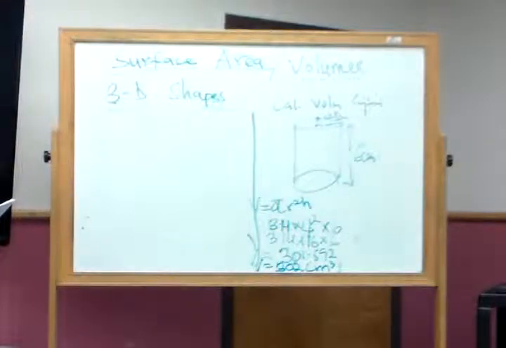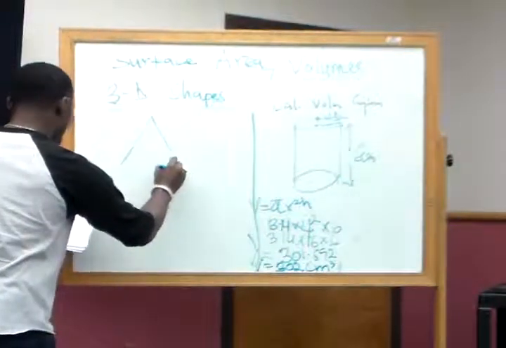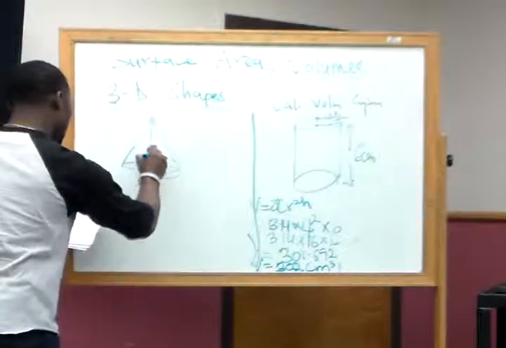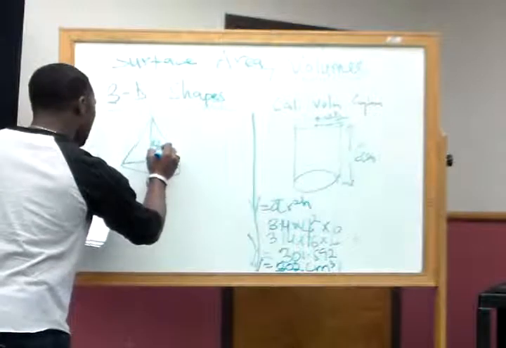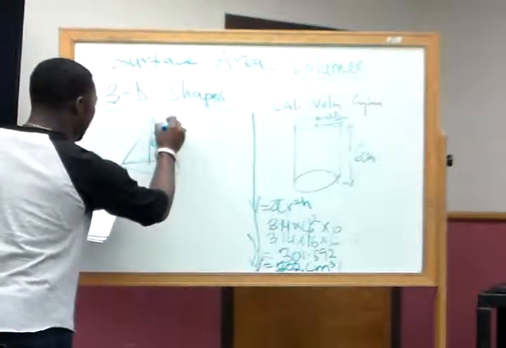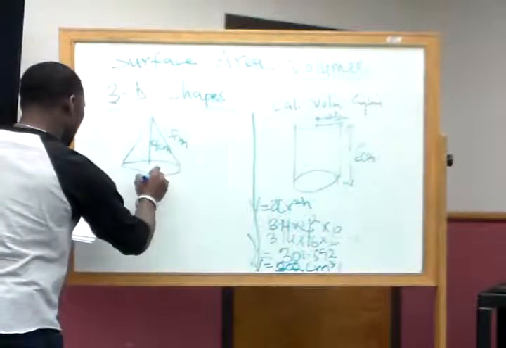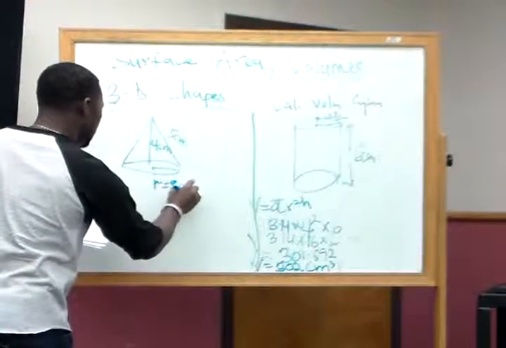Find the volume of the cone, okay? So we have our drawing or figure like this. We have our height to be 4 centimeters, and then we have our radius to be 3 centimeters.